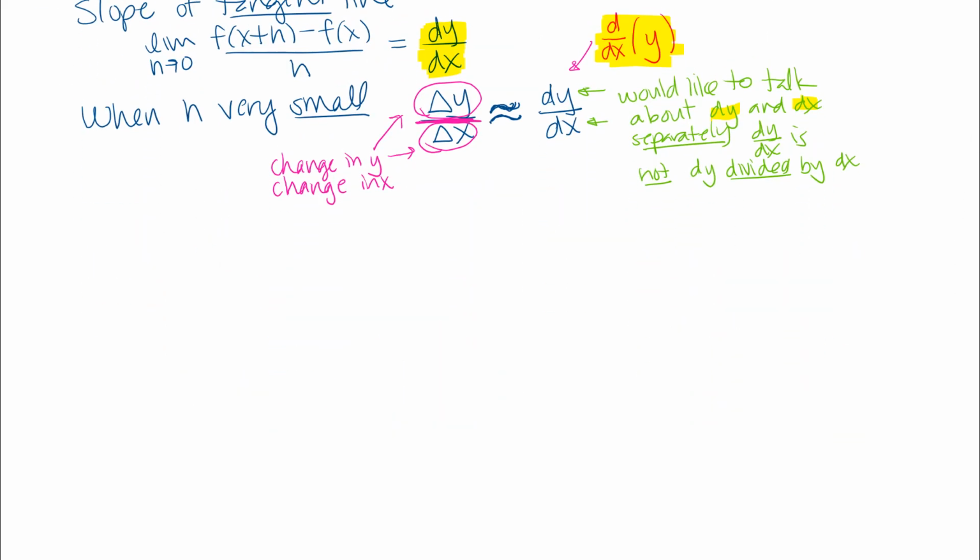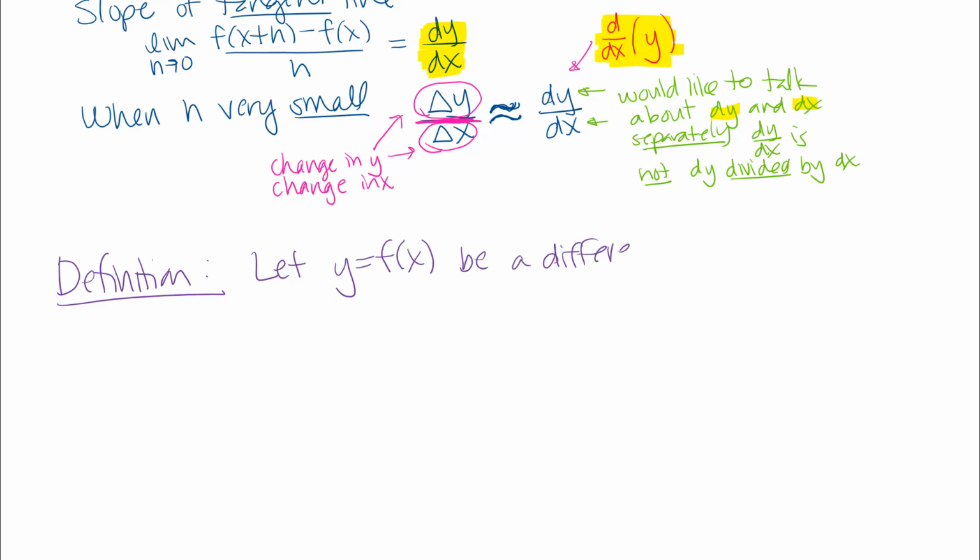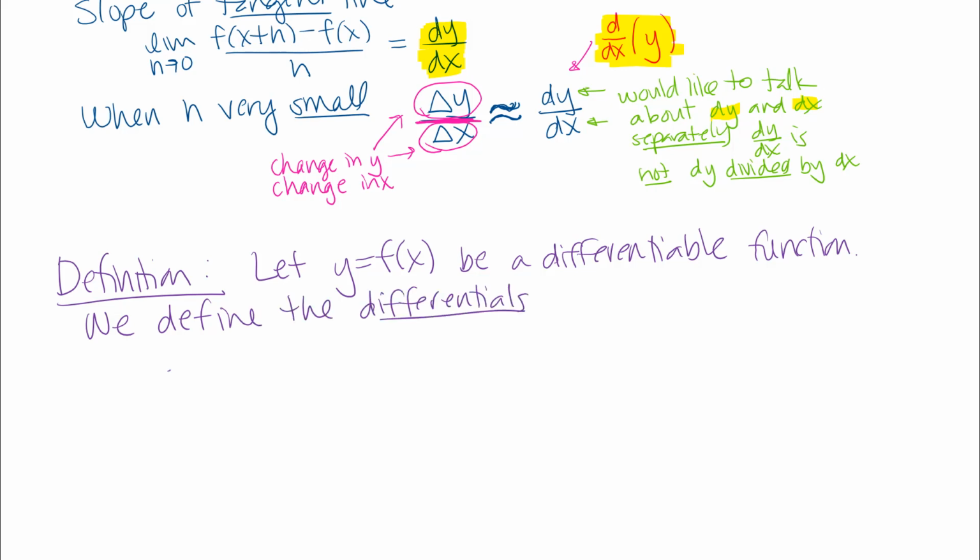So it is a whole definition, so I'm going to go ahead and write that down here. We're going to start first of all with some function, and we'll assume that that function is differentiable. Then we can define the differentials, two of them. Dx, we're going to treat as an independent variable.